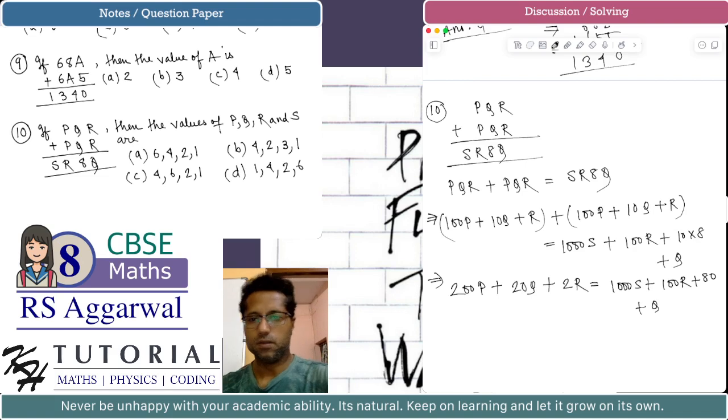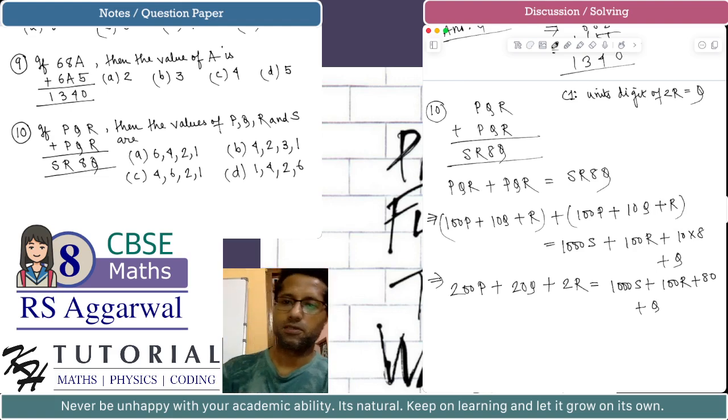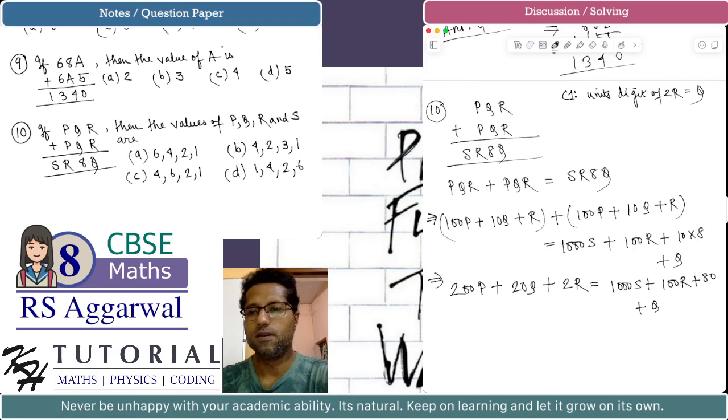Now, if I do the column wise addition, we can see that for column 1, the units digit of r plus r, that is 2r, is equal to q. So this implies that r plus r is either equal to q or it can be 1q.